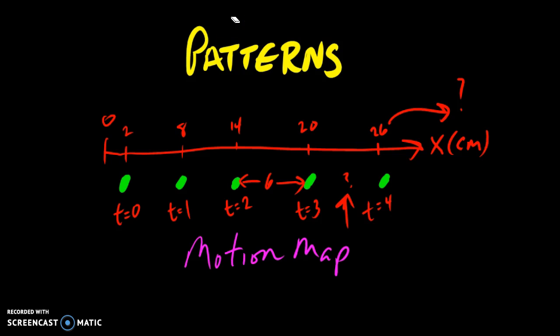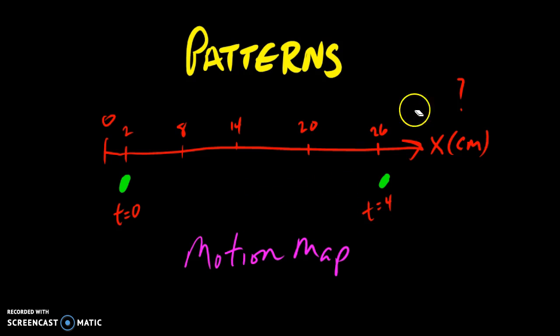A simplified motion map is often used where we just need the starting and ending point, and if we assume it's constant velocity motion, then we really just need to know a couple of things to be able to calculate other things of interest.